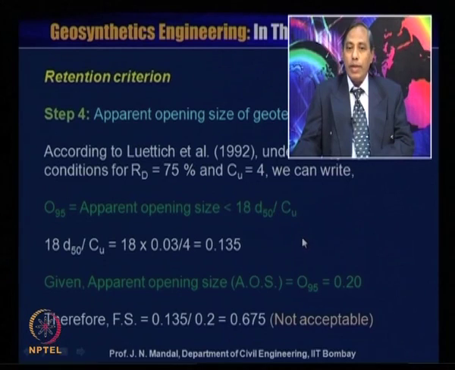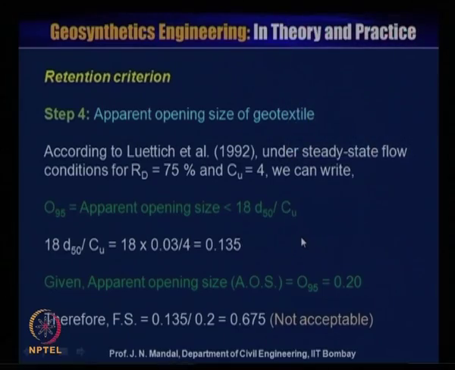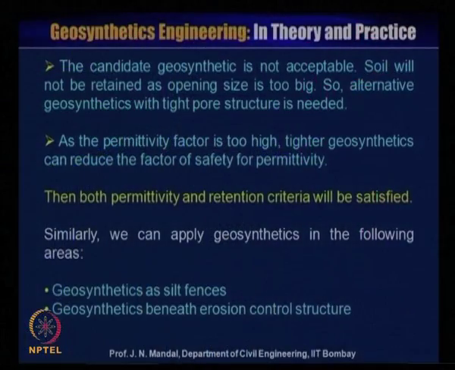So you have to check what kind of geotextile material should be used. You can take another geotextile material and check what the apparent opening size should be. Now, the candidate geosynthetic is not acceptable, as the soil will not be retained because the opening size is too big.